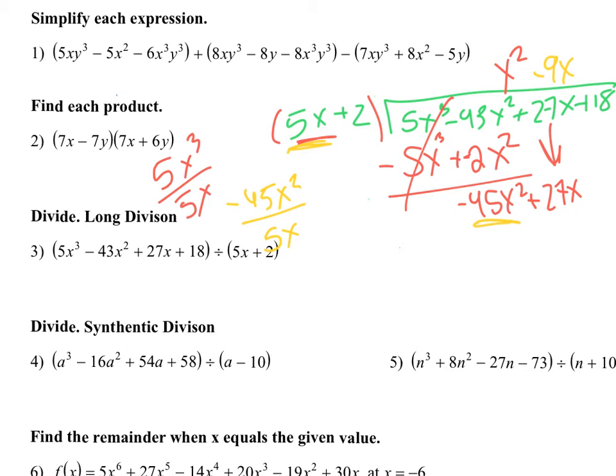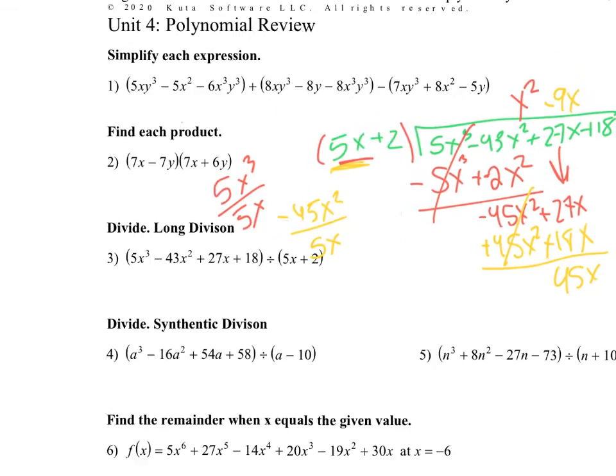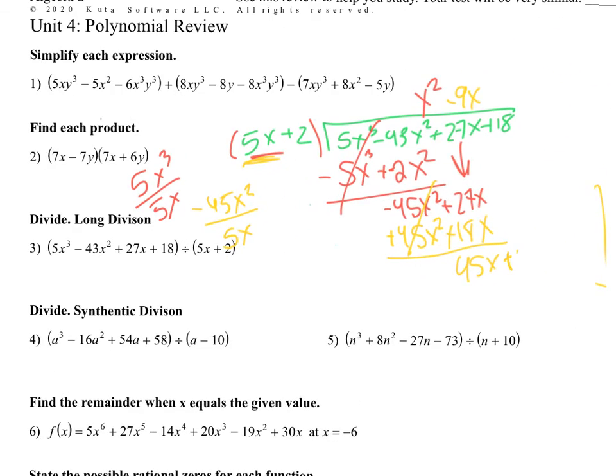So then negative 45x squared, because we multiply negative 9x by 5x, and then minus 18x, and we change our signs because we're subtracting. Those cancel. And then 27 plus 18 is 45x, and then we bring down our 18.